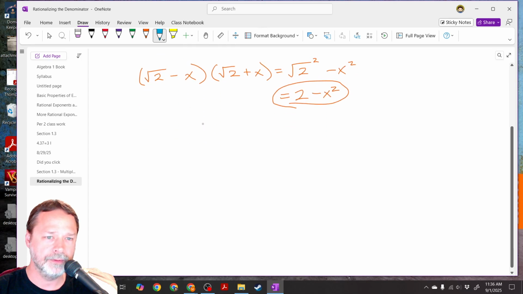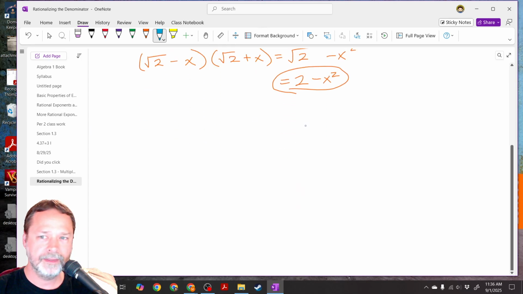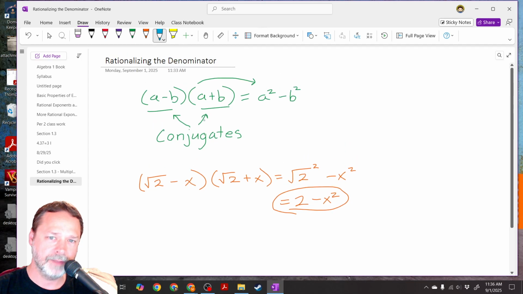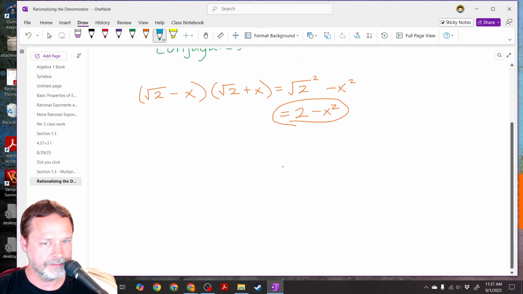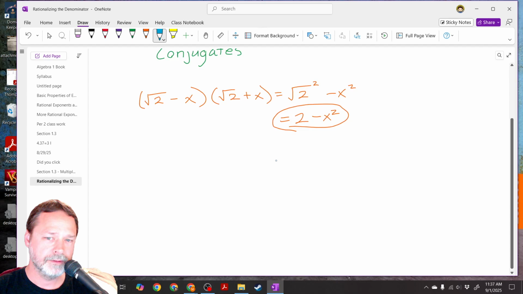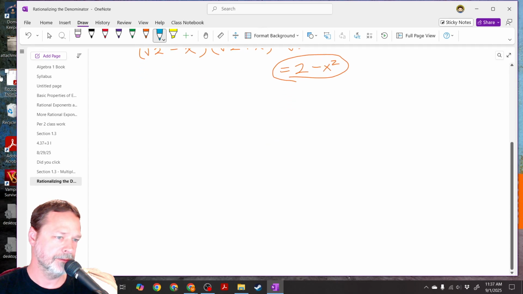So this is really nice because, remember, we're talking about rationalizing the denominator. What happened to my roots? I started with two binomials, two expressions that had roots in them. I multiplied them, and my result, no roots. That's very interesting.